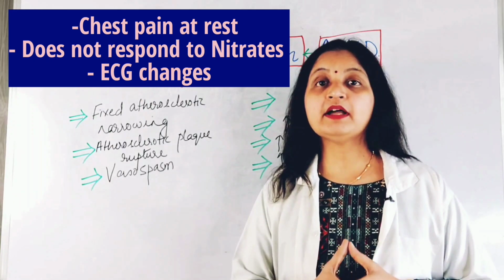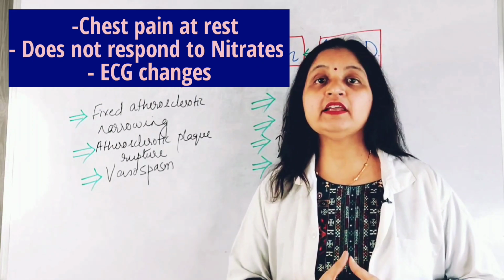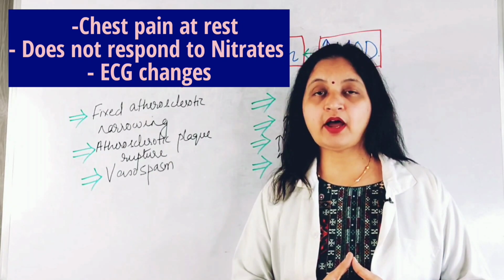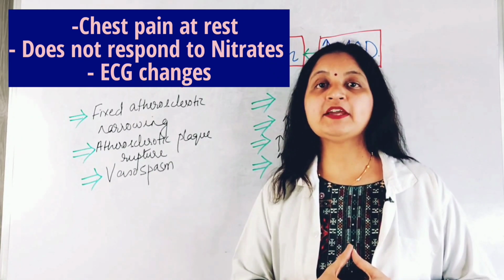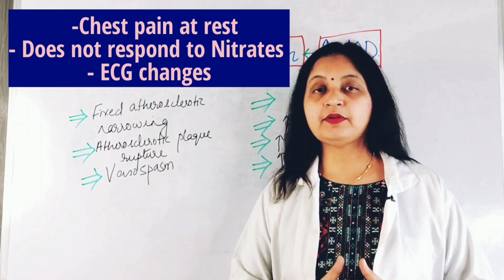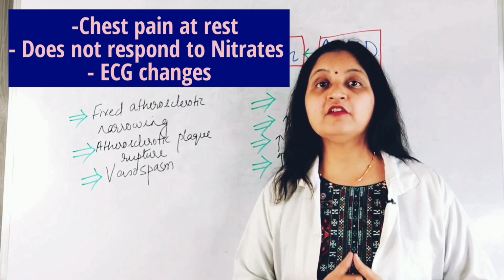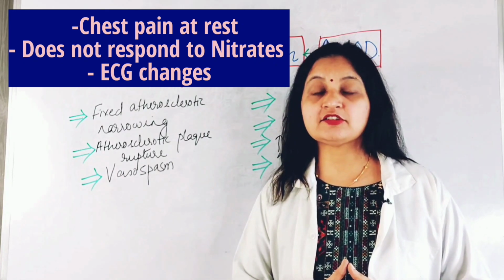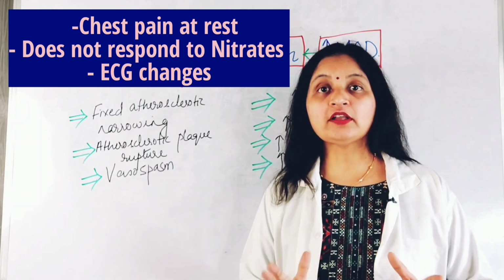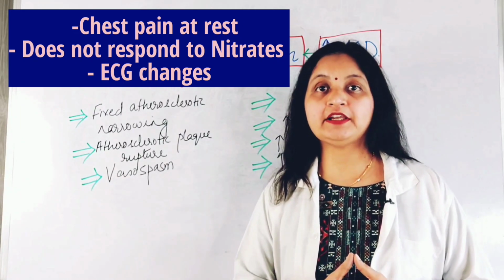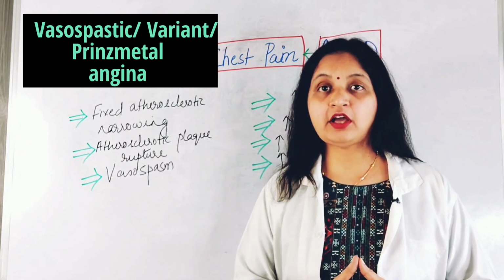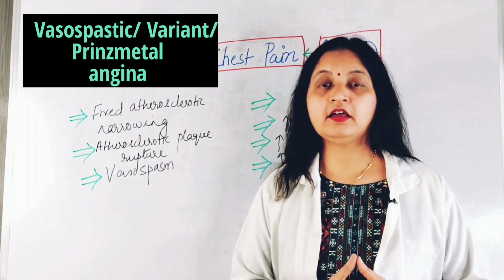This is because the blood supply to the heart is significantly impaired, and even in the absence of increased myocardial oxygen demand, the patient experiences pain at rest. In unstable angina, we can also observe electrocardiographic changes such as ST segment elevation or depression, which is not observed in stable angina.